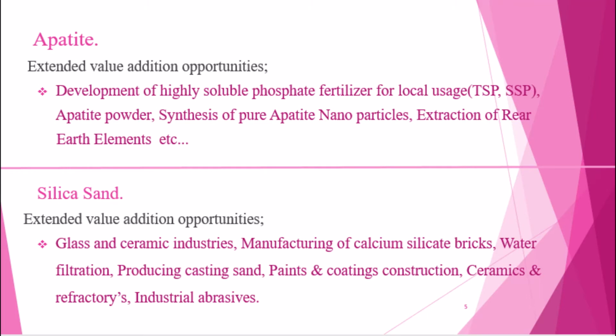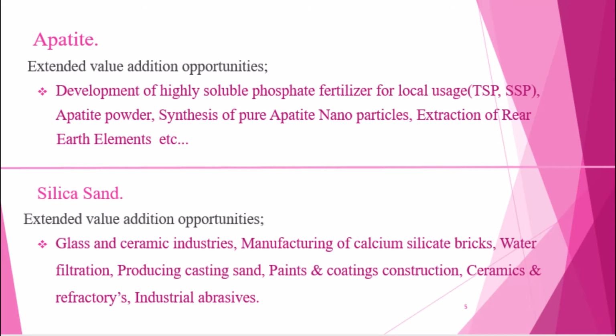But each and every process we have to analyze carefully and technically: what are the basic needs to start this value addition process, what is the profit enhancement in each value addition process, and we have to check the environmental issues also. That is a very important thing.